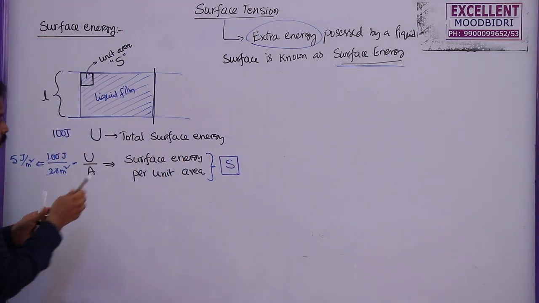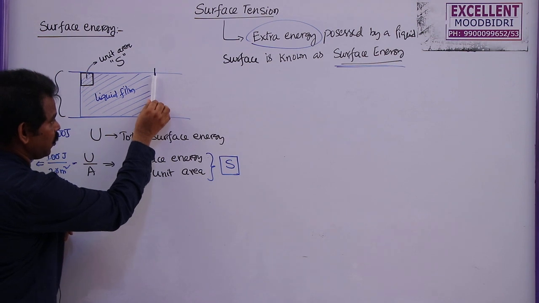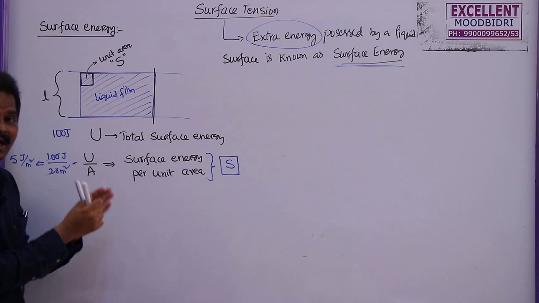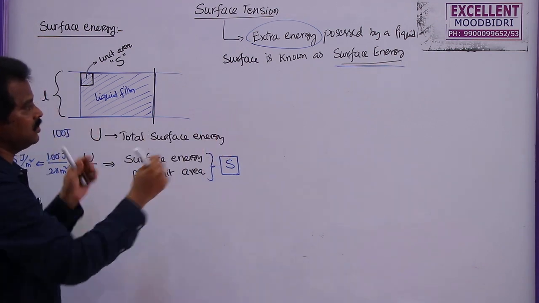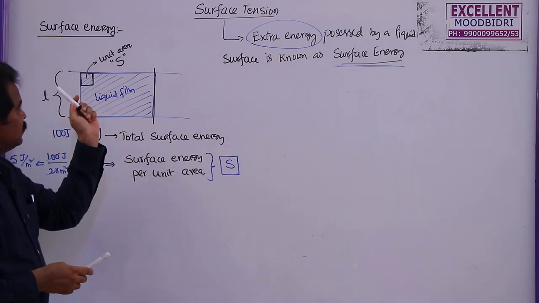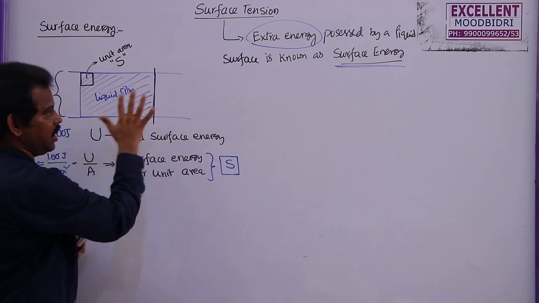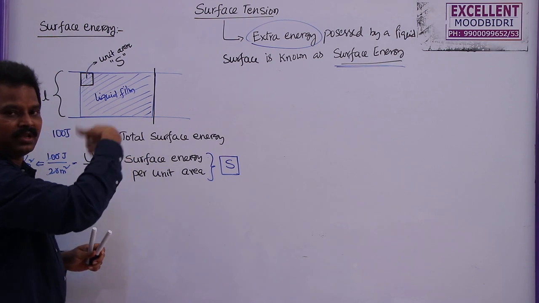Now, if I move this rod slowly towards the right, that means I am going to increase this area. If you increase this area, the energy of this film will increase.